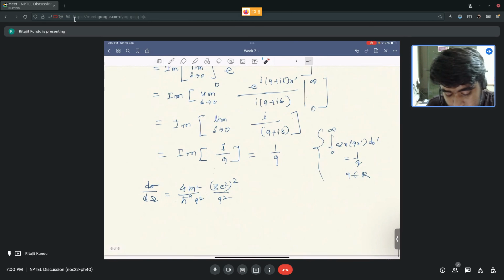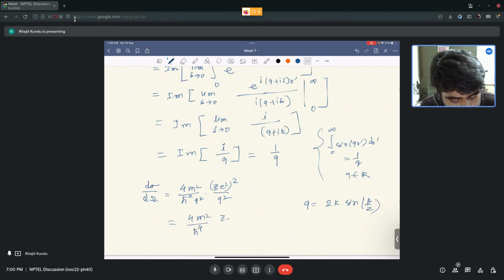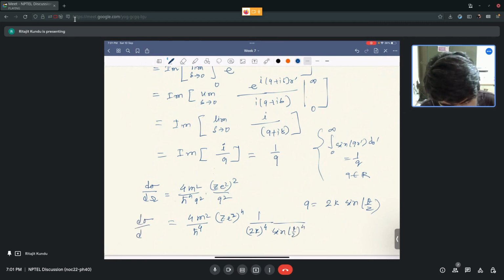And q in scattering theory is given by 2k sine theta by 2. Okay, so you plug that back at the end. So now this will give you 4 m square by h bar to the power 4, z e square to the power 4, and q to the power 4 is in the downstairs, so it will become 2k to the power 4 sine theta by 2 to the power 4. Okay, so this is the scattering cross section.